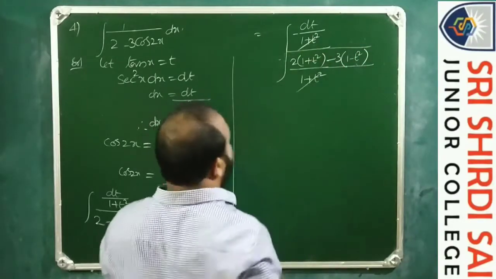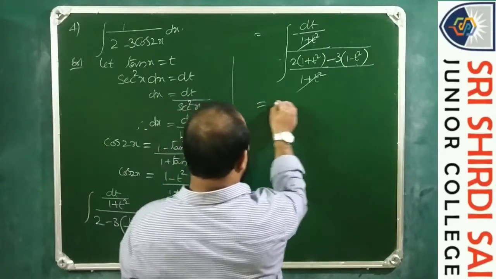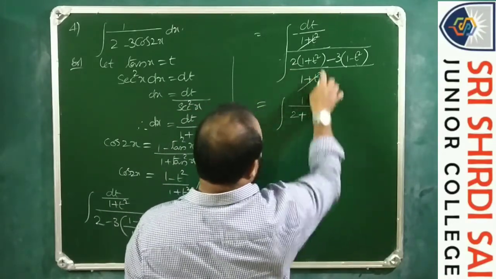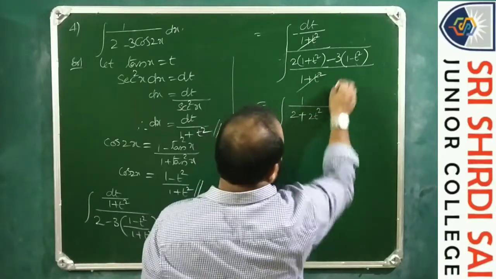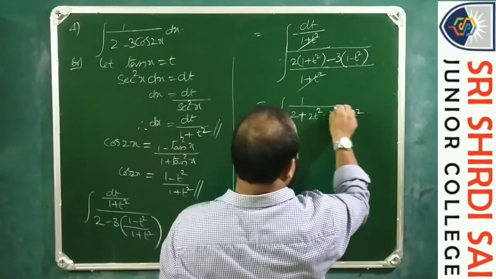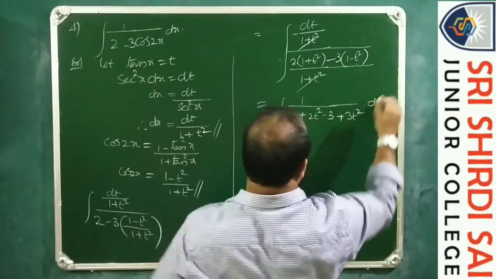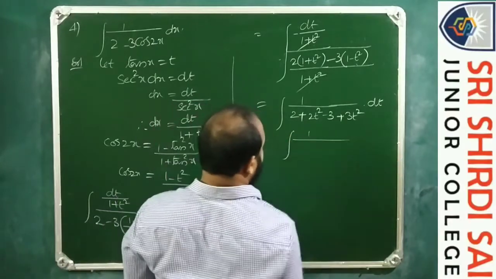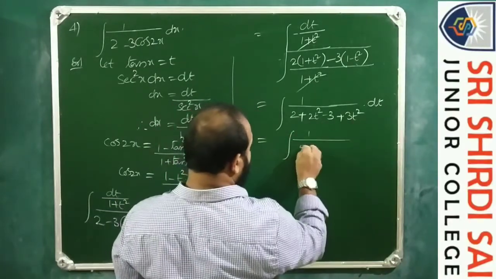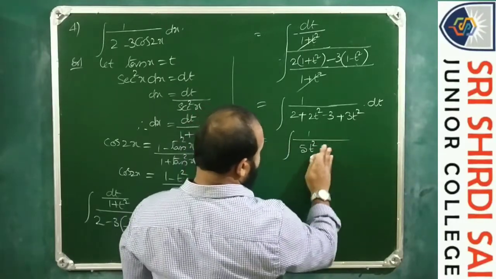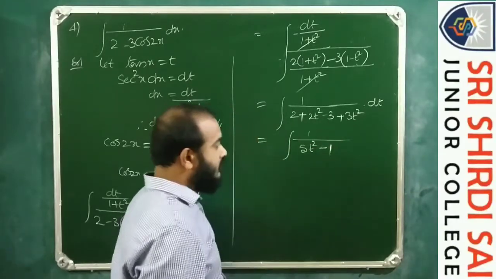So 1 plus t square gets cancelled. So this is integral 1 by 2 plus 2t square minus 3 plus 3t square into dt. So this equals 1 by 2t square plus 3t square is 5t square, plus 2 minus 3 is minus 1, dt.